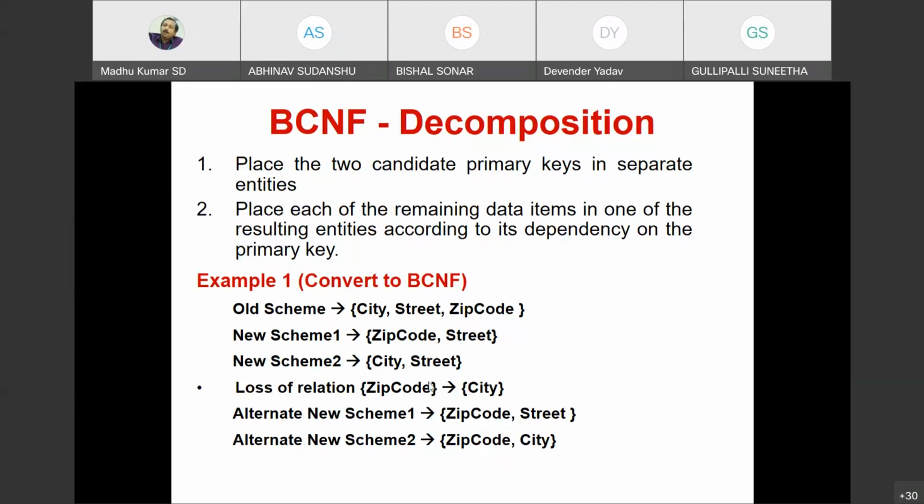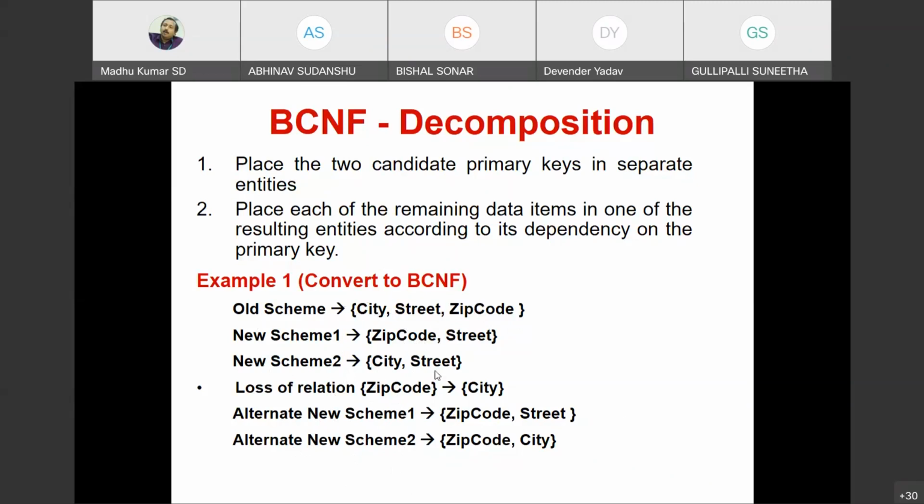Another way is decomposing into zip code street and zip code city. So there are two different schemes: new scheme one, new scheme two, and an alternative new scheme one and alternative new scheme two. Two possibilities of decomposing the table having these three columns.